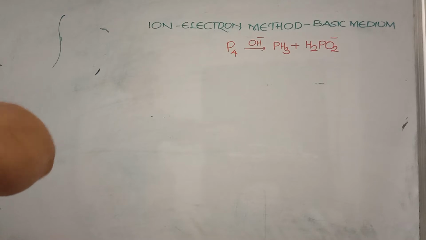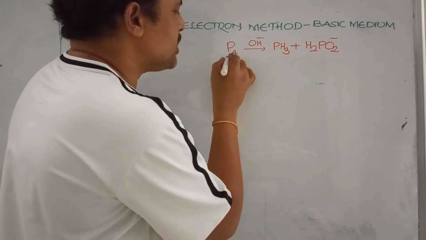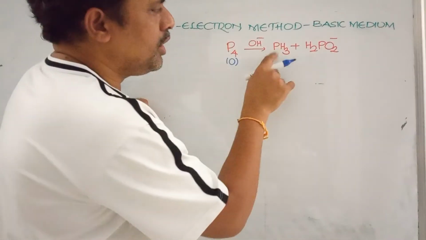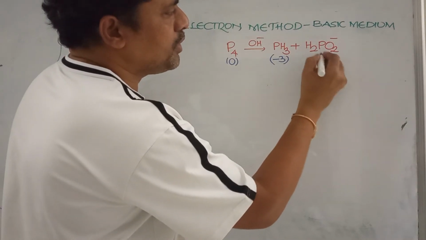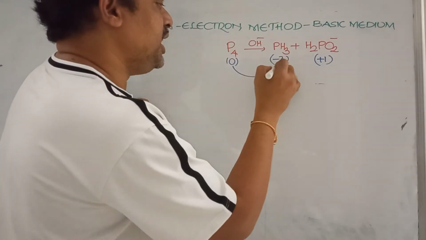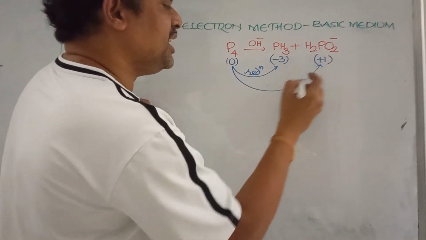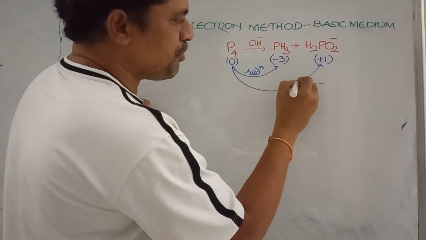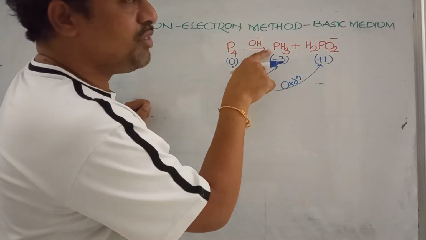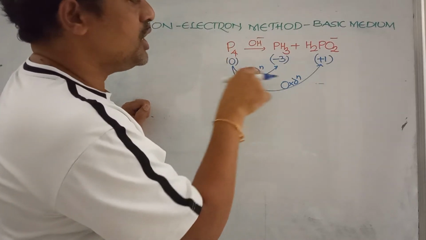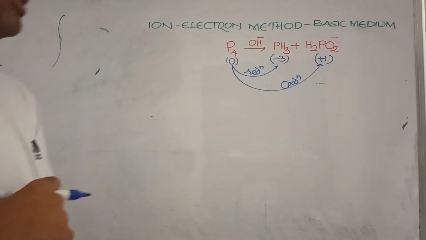First of all, we should know that it is a disproportionation reaction because the oxidation state of phosphorus is 0 in P4, -3 in PH3, and +1 in H2PO2 minus. 0 to -3 is a decrease in oxidation state, so reduction. 0 to +1 is an increase in oxidation state, so oxidation. This kind of reaction is called a disproportionation reaction.